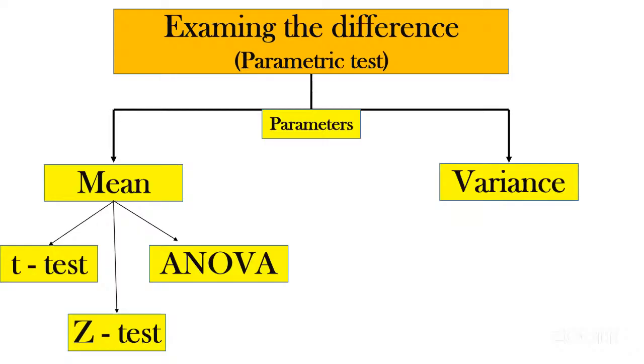If it is mean, then these are the possible tests: t test, z test, ANOVA, further with a few more constraints under that. And if it is checking the variation between any two samples, then it's a test called the F test.